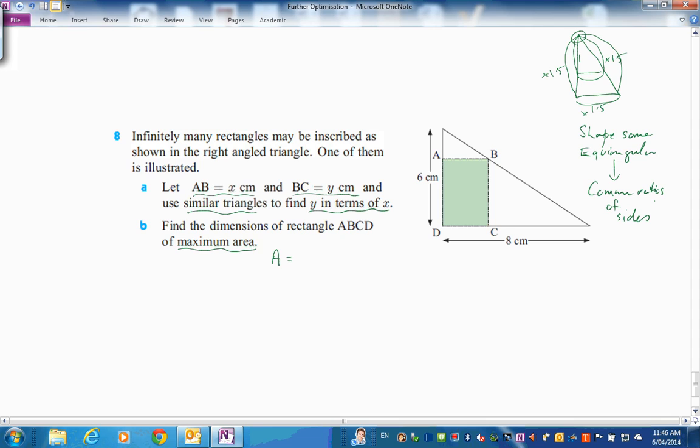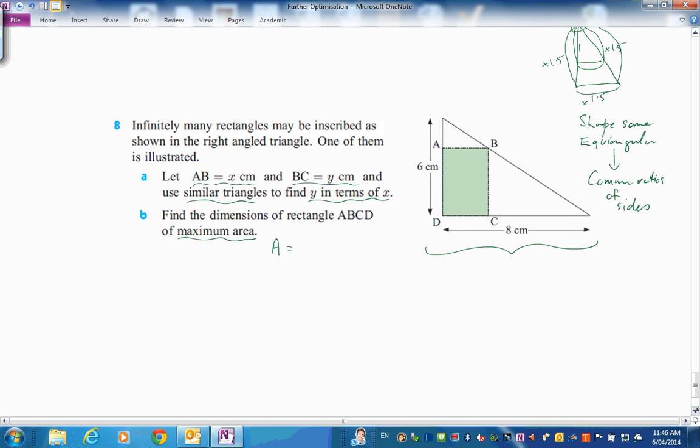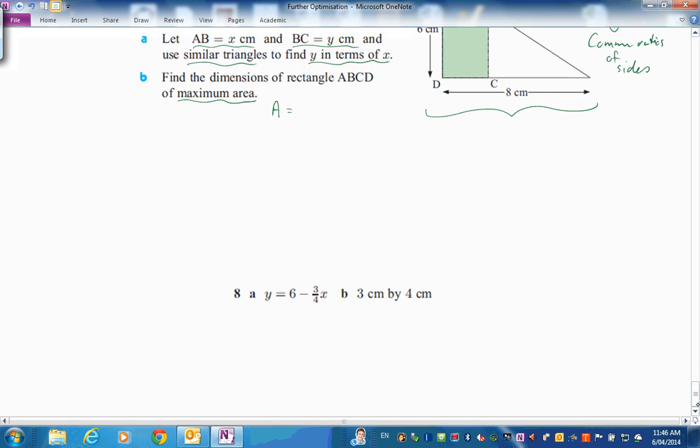Okay, so you can use those ratios to find one missing. So try to relate that to this diagram. Good luck, and I'll pause it now and have a go with those hints, and I'm going to show you the answers. Here we are. There are the answers there, the formula, and then the final dimensions, which give ABCD the maximum area.